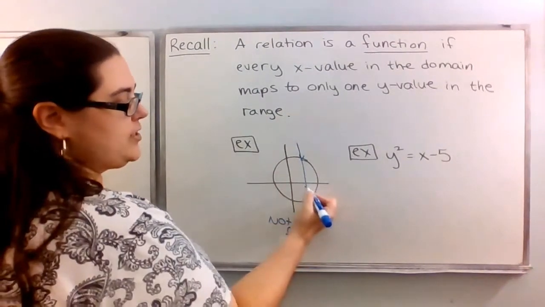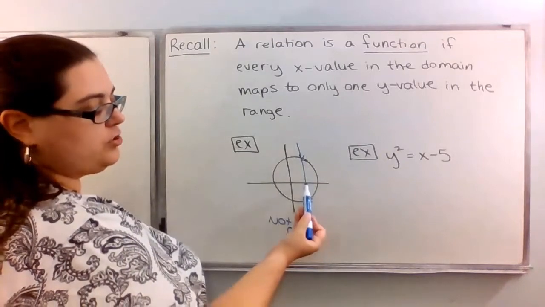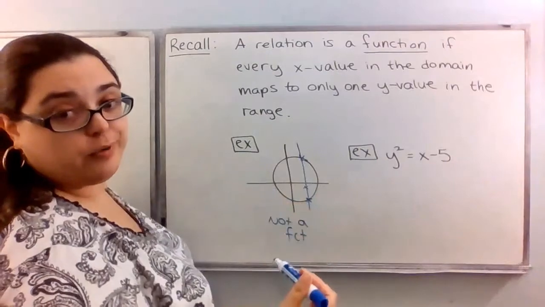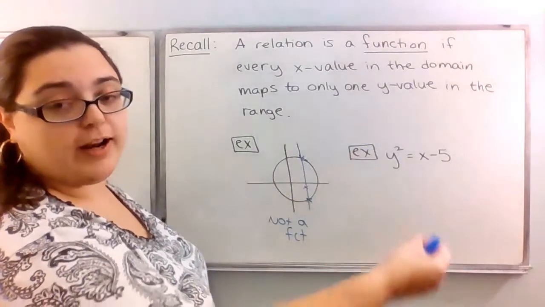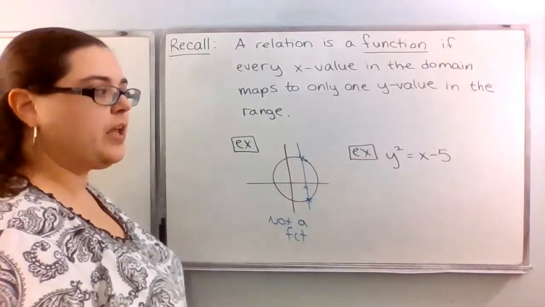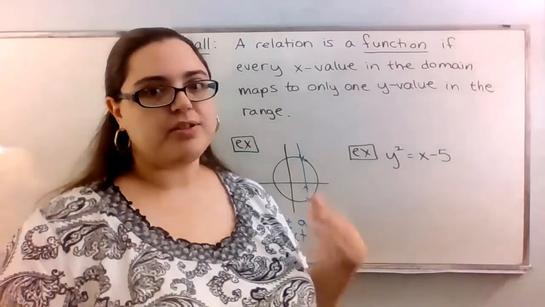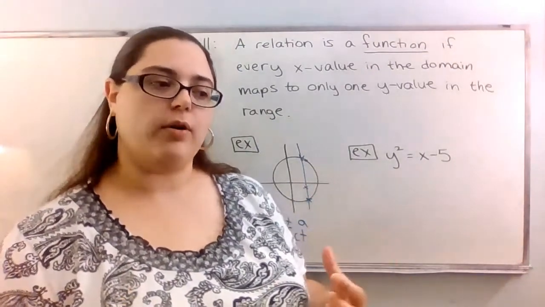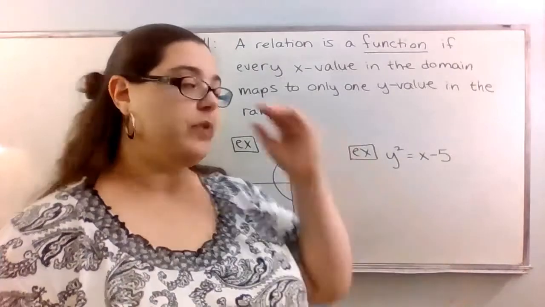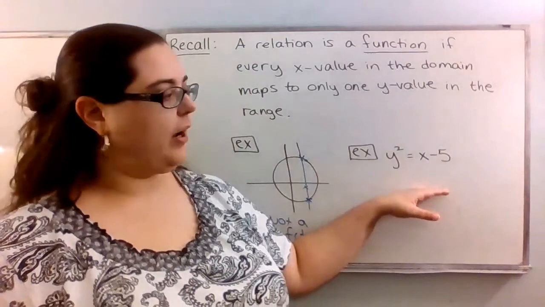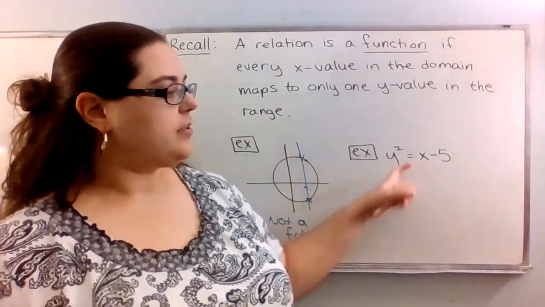If you have one single x value, you don't want it mapping to two different y values. You want one input to send you just to one output. Algebraically, we often see this when there are pluses or minuses involved in our definition for y. For instance, if I wanted to solve this expression explicitly for y, I could square root both sides.